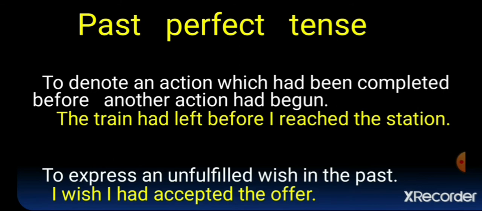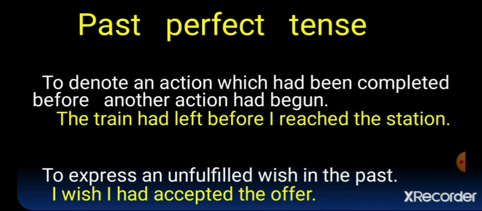What will we use here, students? Past perfect. Before I reached the station. What did we use here, beta? Second form of the verb, meaning simple past tense. Students, the two actions are in some way related to each other. Now students, here the earlier event is expressed in the past perfect tense.